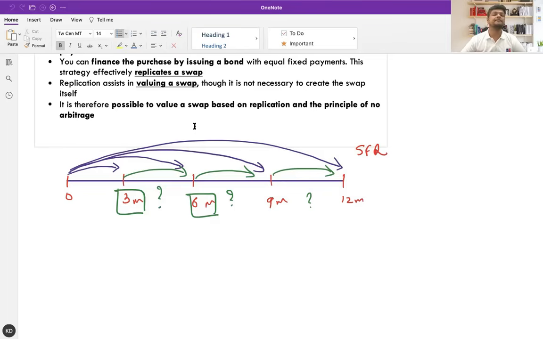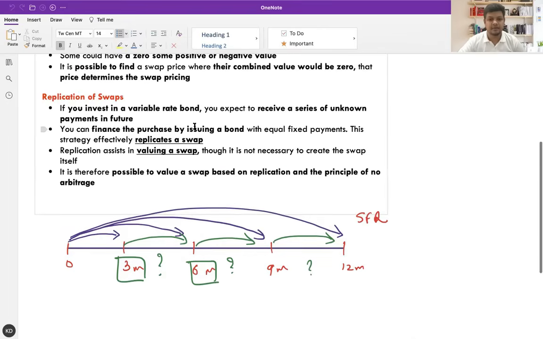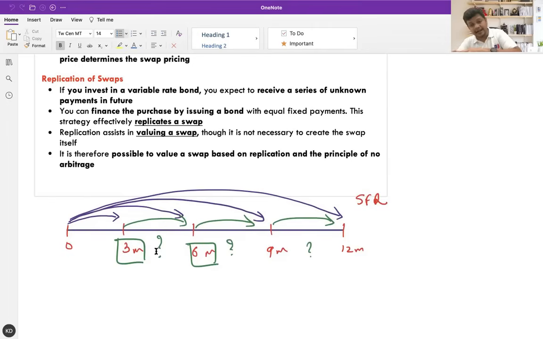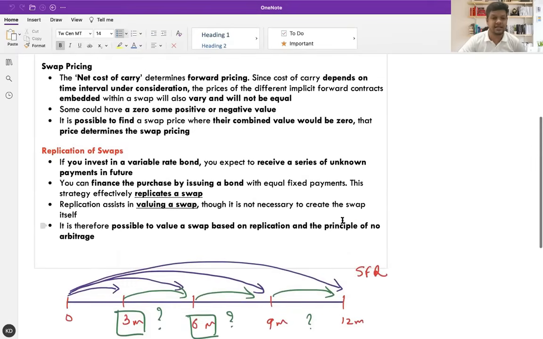With the help of forward pricing or forward calculation of interest rates, which we did in fixed income, called the pure expectation theory. So we require the spot rates to find the forward rates, and based on the forward rates, you and I will agree today at a fixed rate that is called the swap fixed rate.